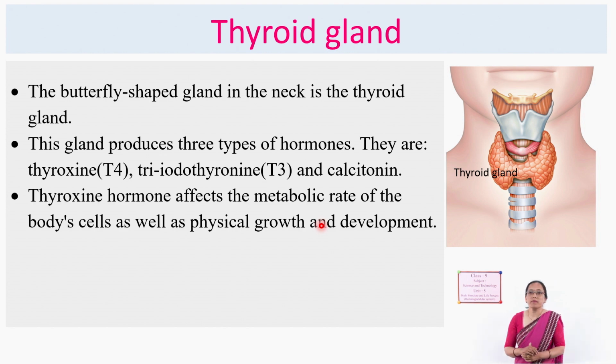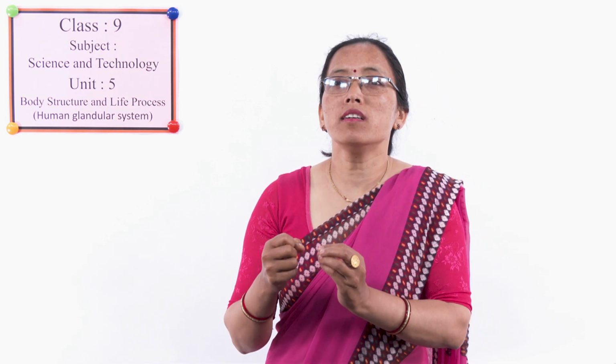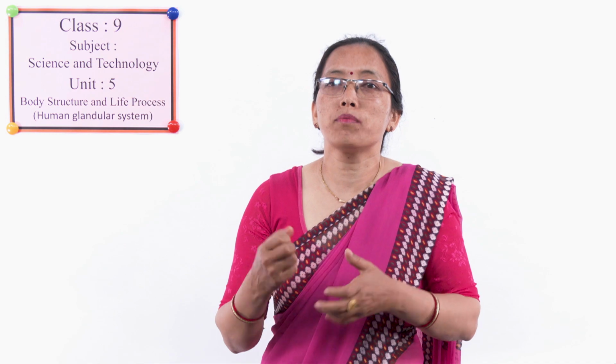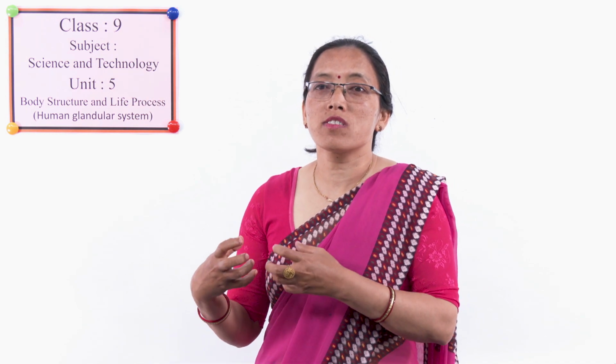Thyroxine hormone affects the metabolic rate. What do you mean by metabolism? In lower classes also we have studied metabolism. Various kinds of biochemical reactions go on inside our body to perform various functions of our cells and our organs. Metabolism takes place.